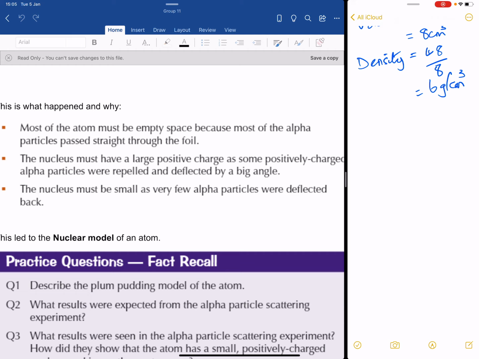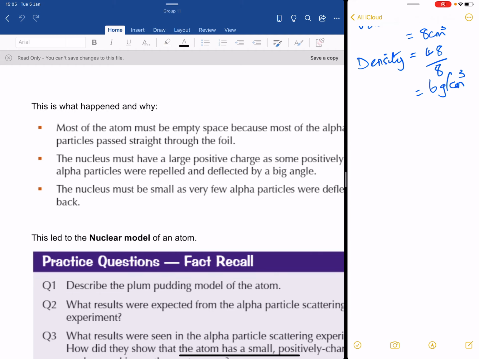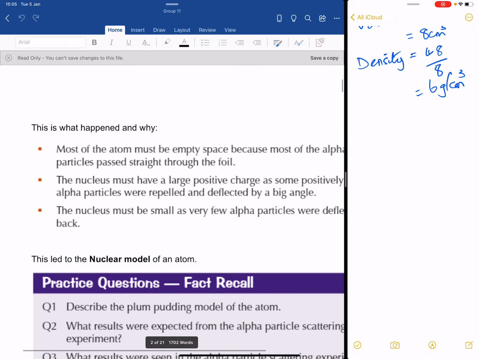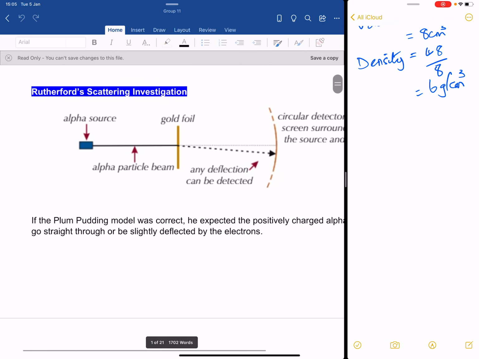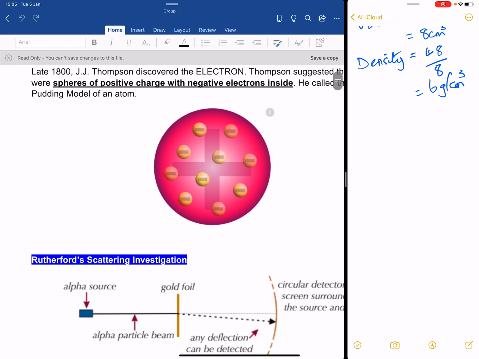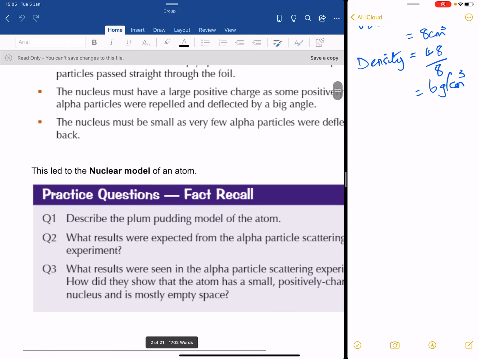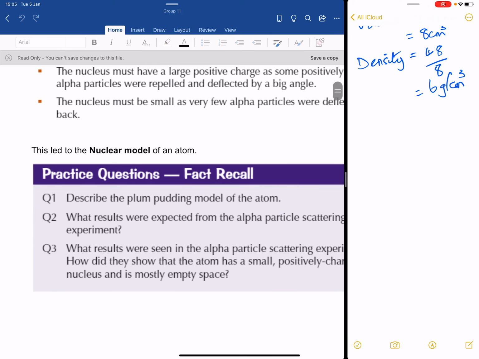And then the third thing, the nucleus must be very small, as very few alpha particles were deflected back. So Rutherford's investigation here disproved the plum pudding model, and from this led to the nuclear model of an atom.